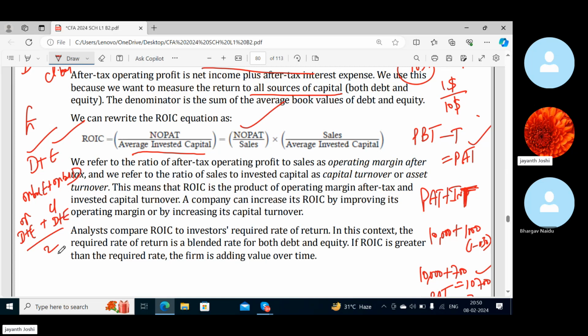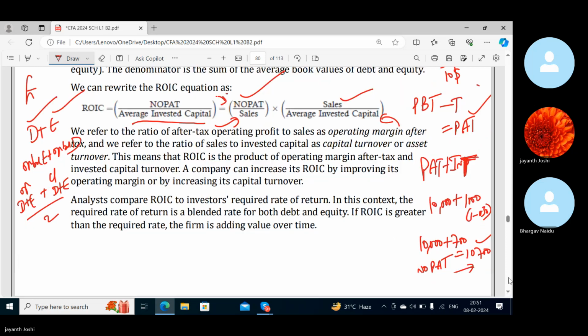And this ratio can also be broken down into these two parts, as we have studied in the ratios chapter, whereby we had DuPont analysis. We are seeing by making a sale of $1, how much operating income we are generating, and the sales we are generating here is after the investment of certain capital.